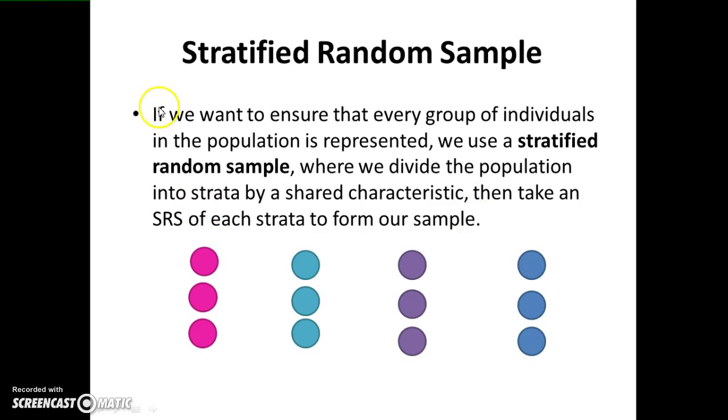This ensures that every group of individuals in the population is represented, right? If I'm looking for a sample size of 4, I can take an SRS of 1 from each strata. The boxes around each dot show that they were selected for the sample, and this ensures that I have representation from each of the 4 colored marbles in my sample.